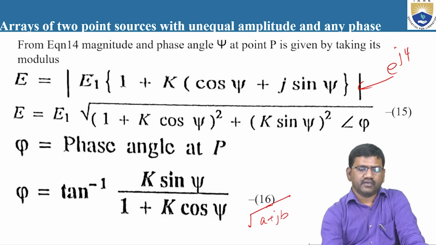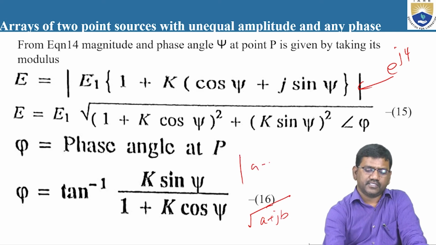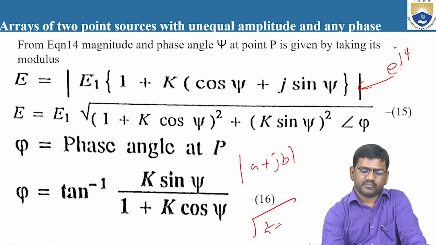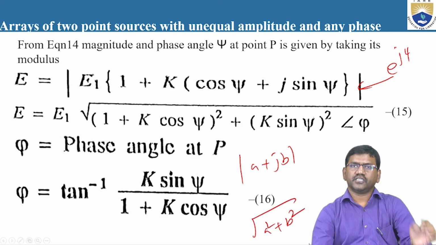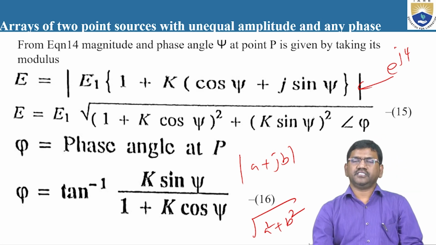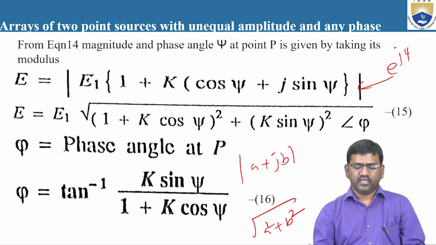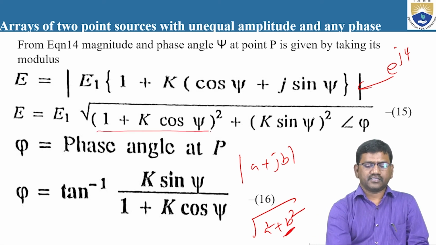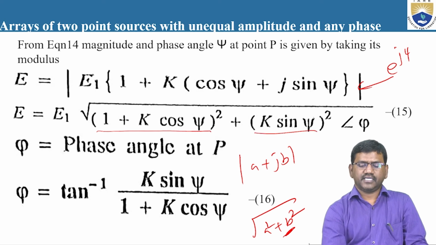From the trigonometry formula, the modulus of a plus jb is equal to root of a square plus b square. If we apply this property, you will get root of 1 plus k cos psi whole square plus k sin psi whole square.